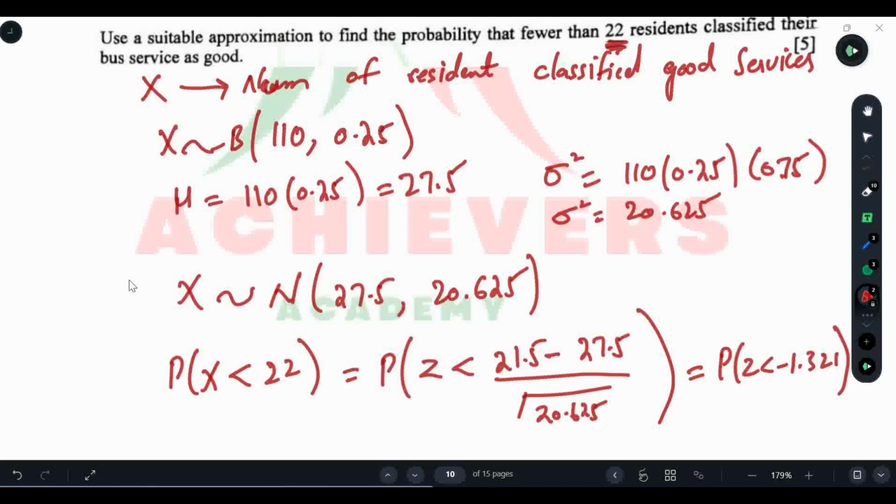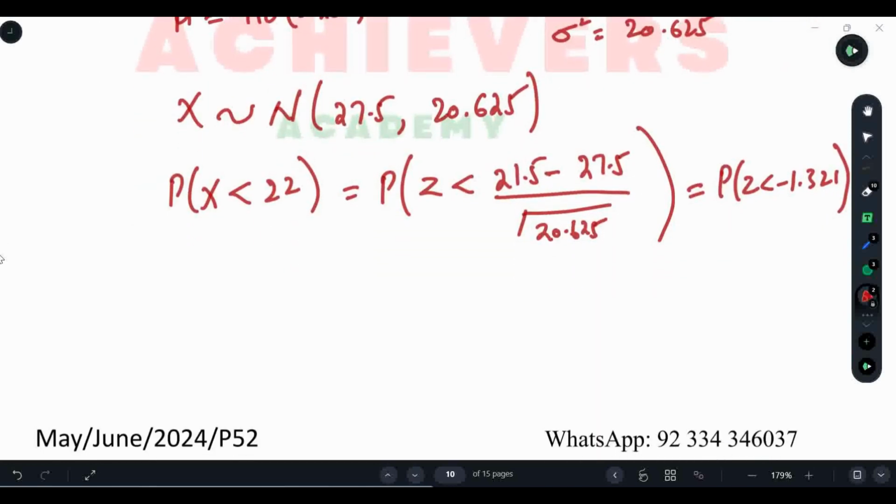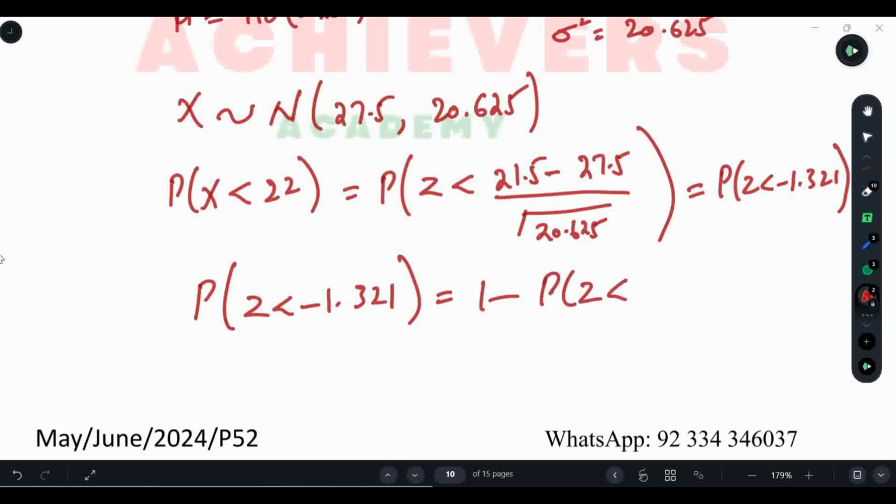Now, as you can see, it is in the negative mode. So we need to write it like z less than minus 1.321, and as it is negative, we need to convert it like this: 1 minus the probability of z less than 1.321.